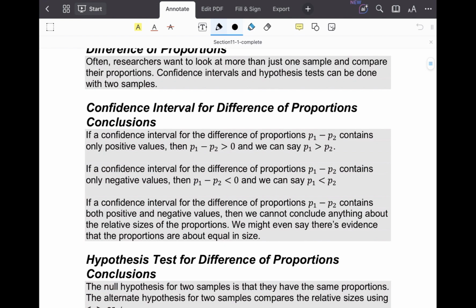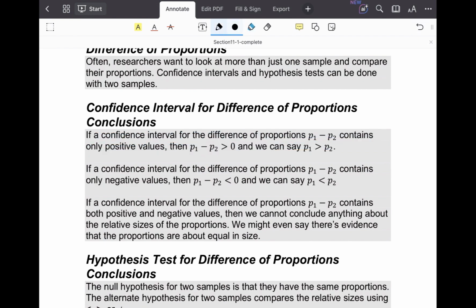Here, this statement is an important one. If a confidence interval for the difference of proportions P1 minus P2 contains only positive values, then P1 minus P2 is greater than 0, and you add P2 to both sides, and you can say that there's a relative size difference between those two proportions, so P1 is greater than P2.